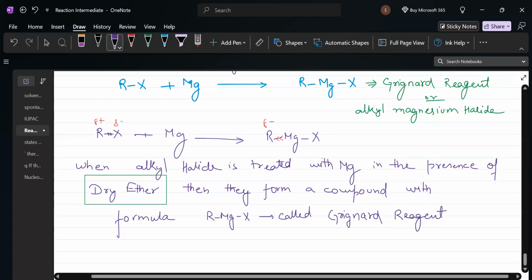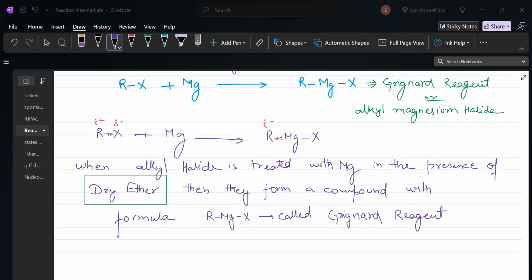This reagent will come in later chapters also, the Grignard reagent. So when alkyl halide is treated with magnesium in the presence of dry ether, it will form the Grignard reagent. And let's see some examples of it.